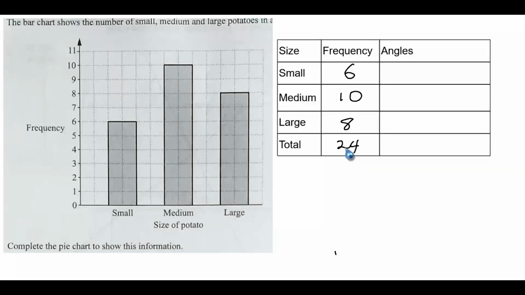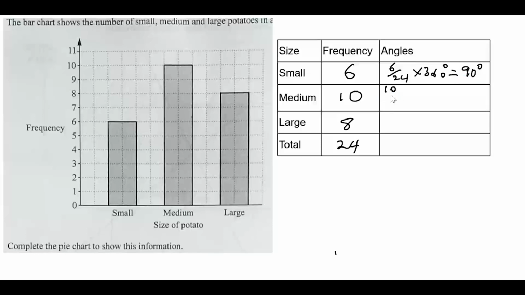So from this one now, we need to calculate the angles. To get the angles, it will be 6 over 24 here, then times 360 degrees. So this one will give us 90 degrees as given in the question.